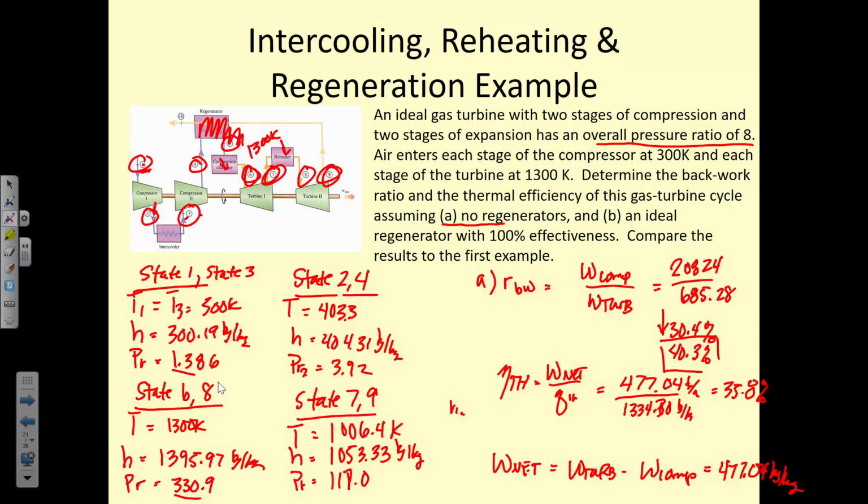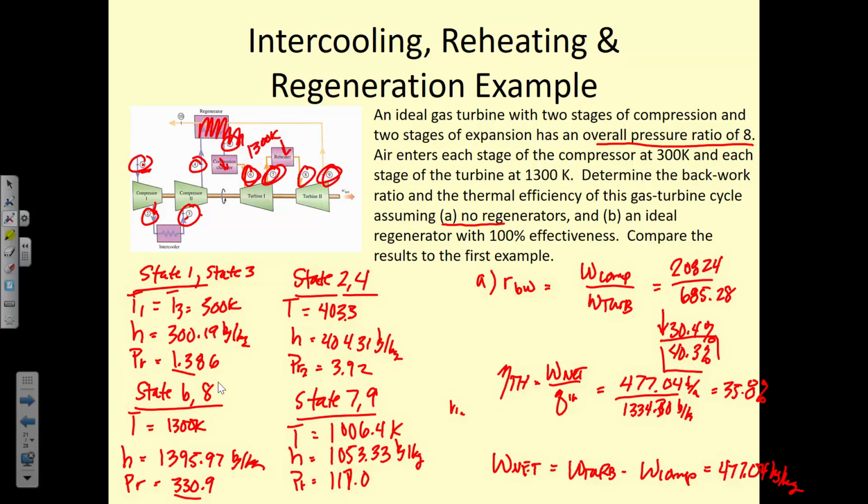Well, there's more steady flow engineering devices involved. So every time you add a compressor, add a turbine, add anything, heat exchanger into your system, you're decreasing the efficiency of it. So again, balancing efficiency with net work out. So our efficiency decreased, but our back work also decreased, which is a positive thing.